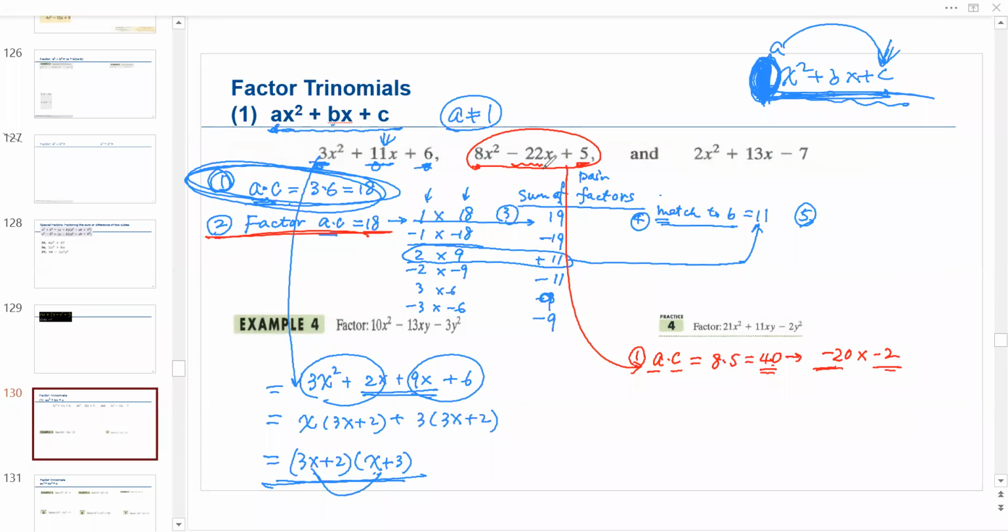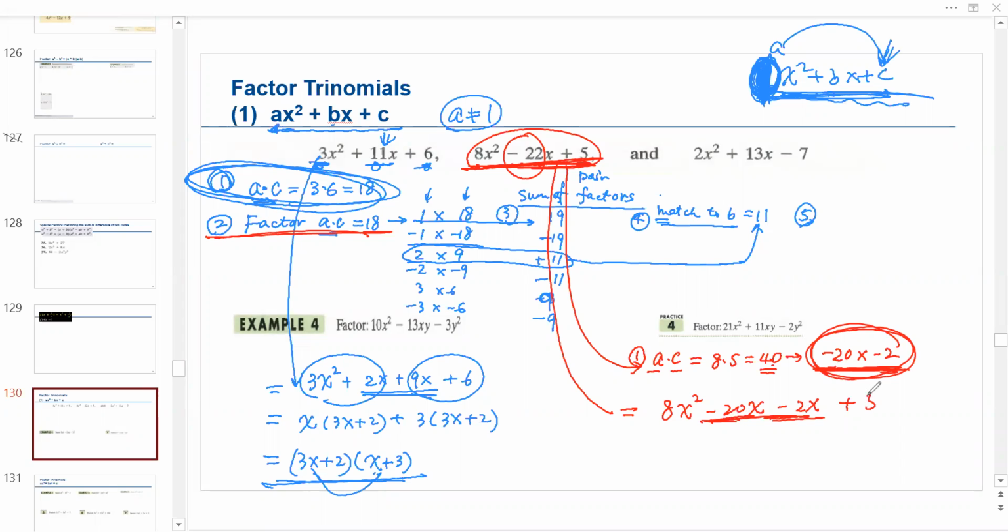So the sum of this one matches -22. So it means this part equals 8x squared minus 20x minus 2x. The 20 and -2 come from here, right? So the rest is 5.